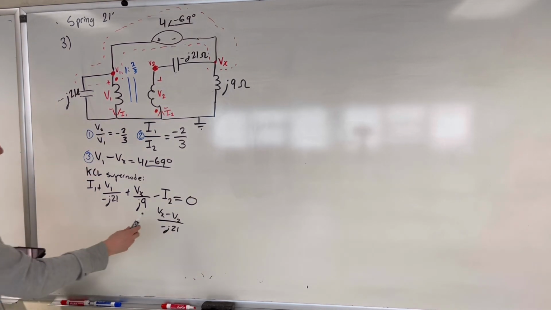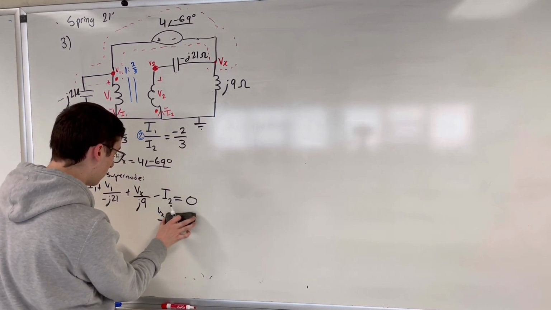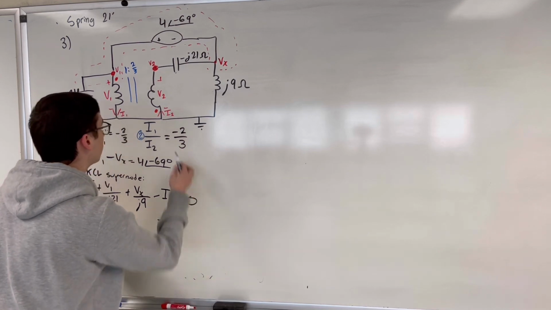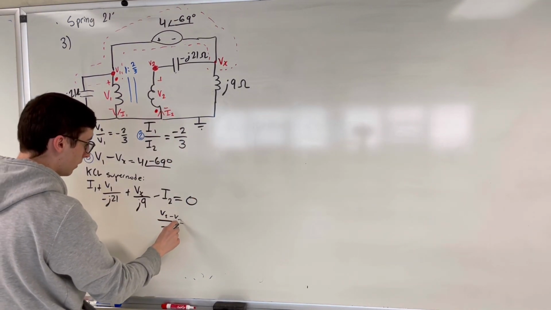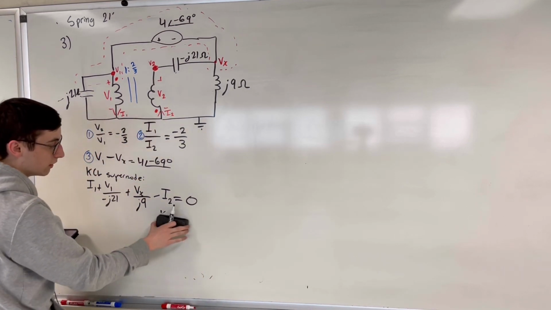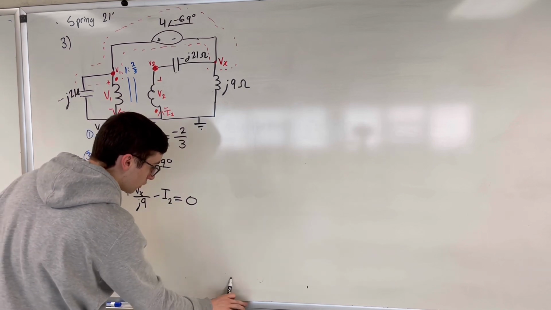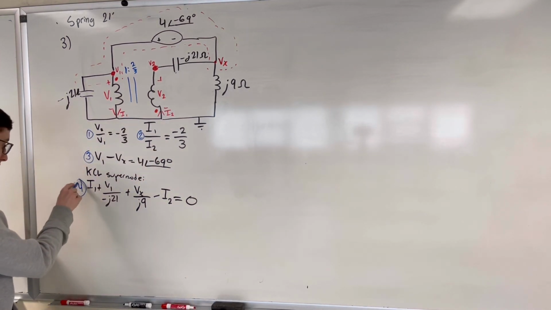Actually, no, it's V2. Since our current is coming up in this way, it's going to be V2 minus Vx. But I just use I2 because it'd be simpler putting it into your calculator that way. But you don't have to solve in this problem. So there is our fourth equation.